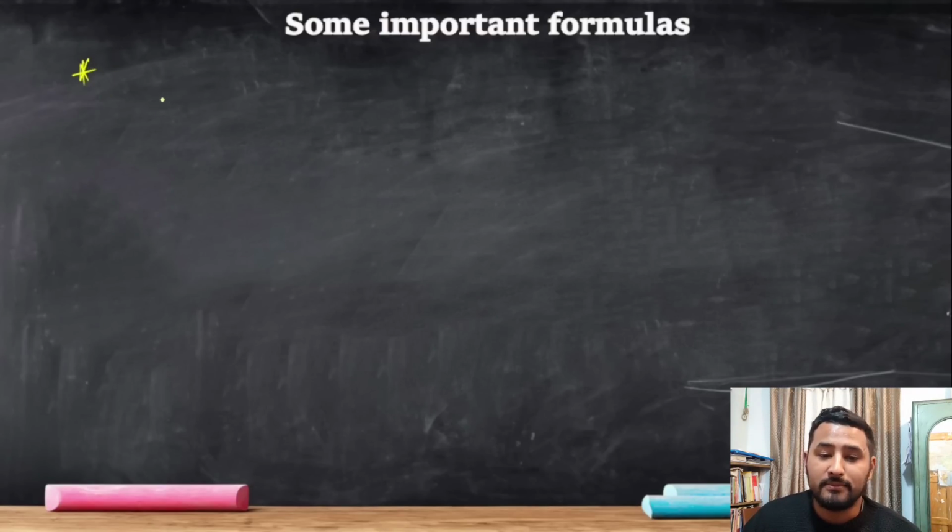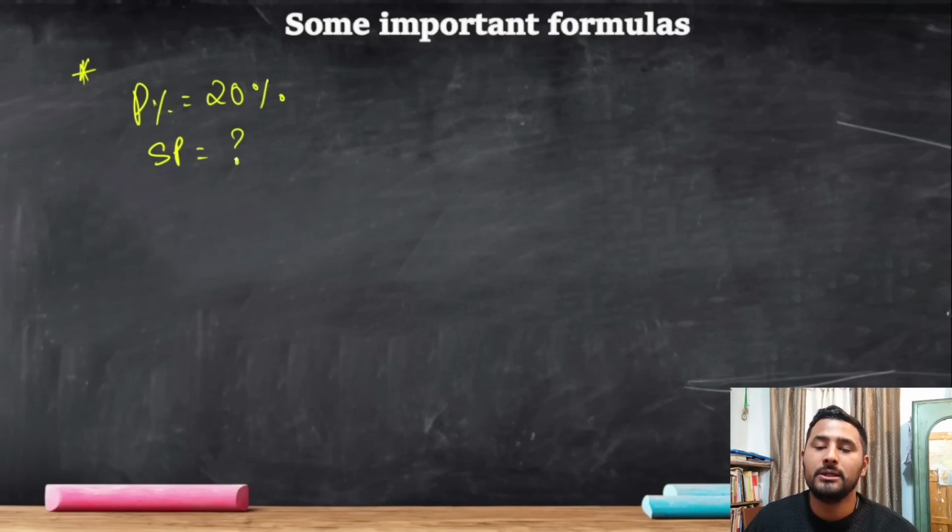Suppose in some of the questions, the profit percent is given as 20%, and you have to find the selling price. You don't know the selling price, and the cost price is given as, say, 100 rupees.